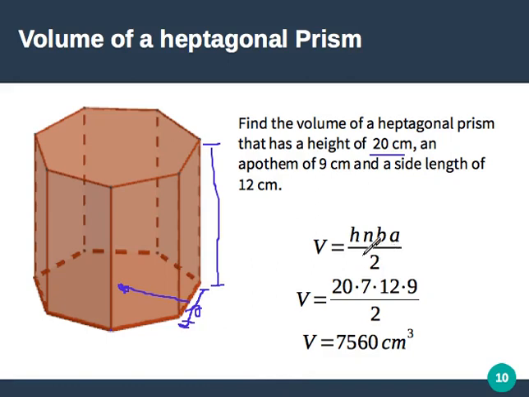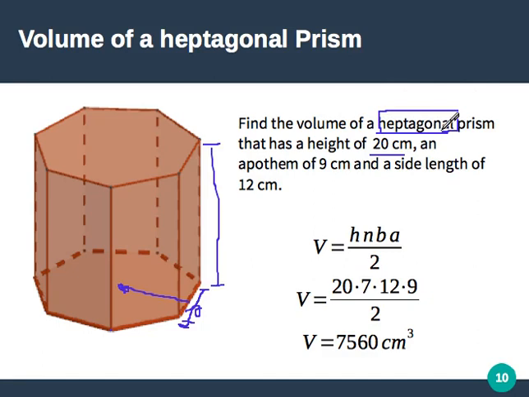So what do you do? It's always going to be like this. It's going to be the height, which in this case is 20, times the number of sides. How do you know how many sides you have? Well, it depends on the name of it. If it's heptagonal, it means 7.